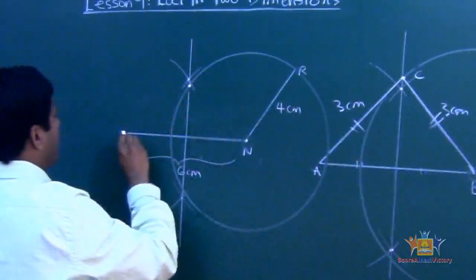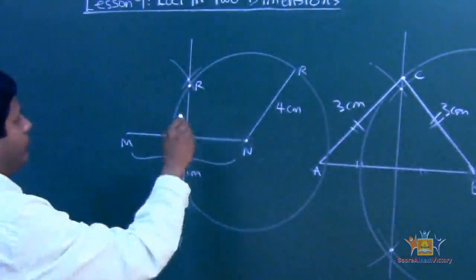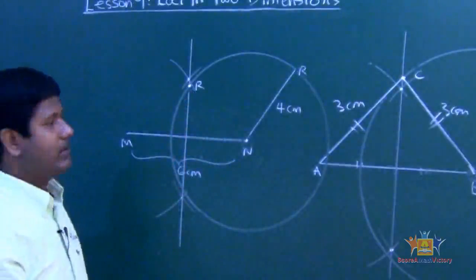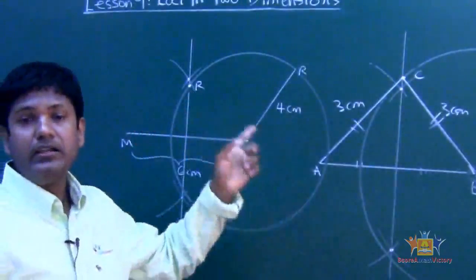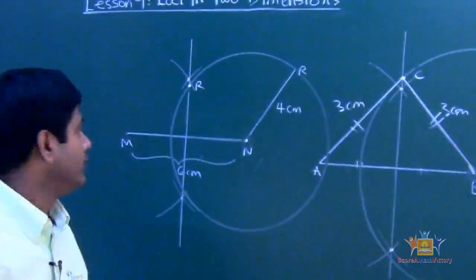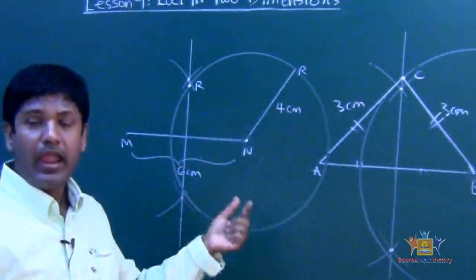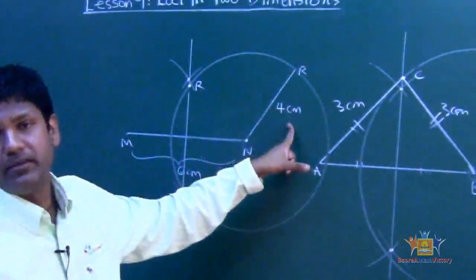That means from M to that point, which is going to be R, it's also 4 centimeters, and N to R is also 4 centimeters. Because the condition I put was what? Locate R such that it's equal distance from M and N, where N to R is 4 centimeters.